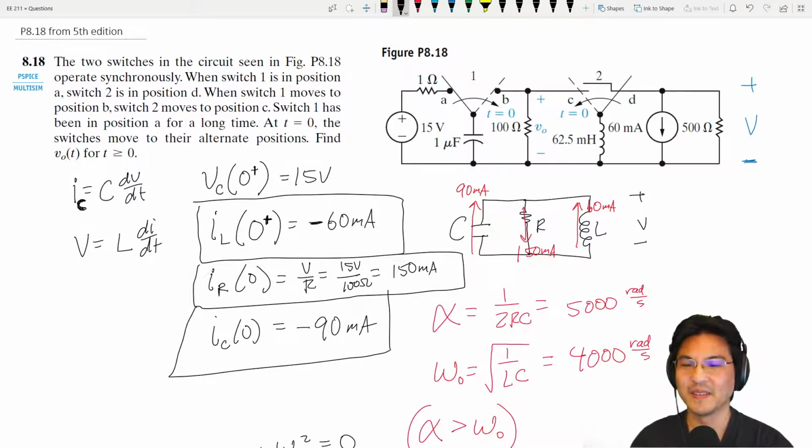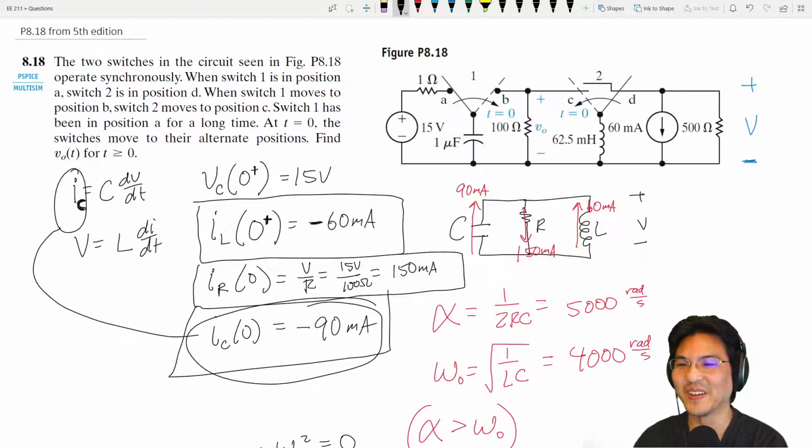Okay. How does that help us? This goes here, right? So let me write that. The current through the capacitor at t equal to 0 is C dV dt at t equal to 0. So then let's just move this over here.